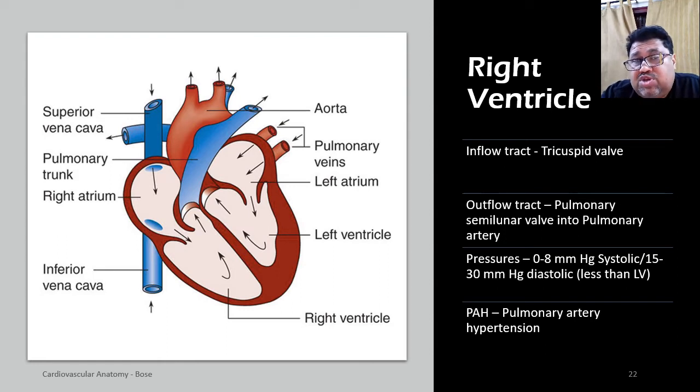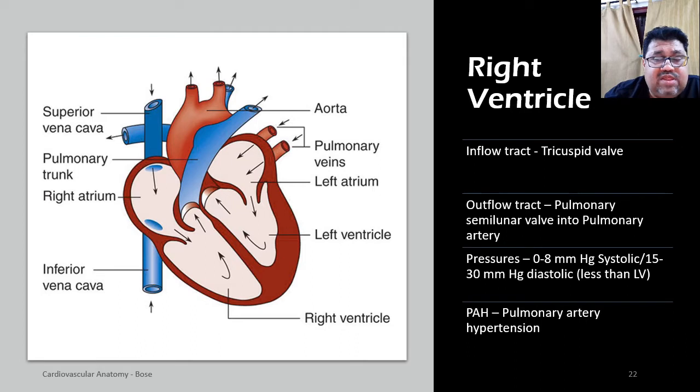And number two is an anterosuperior outflow tract called the infundibulum, from which the pulmonary trunk arises. Four muscular bands separate the inflow and the outflow portions of the right ventricle, including the infundibular septum, the parietal band, the septal band, and the moderator band.